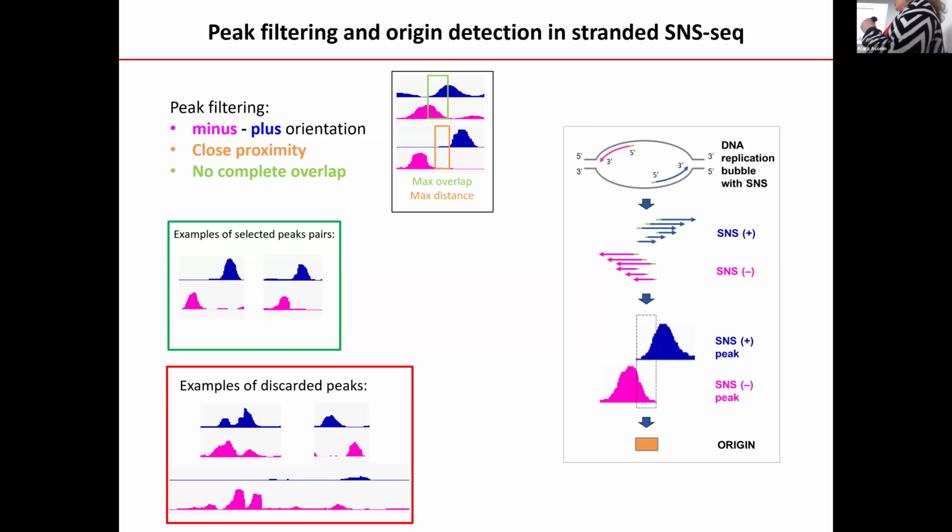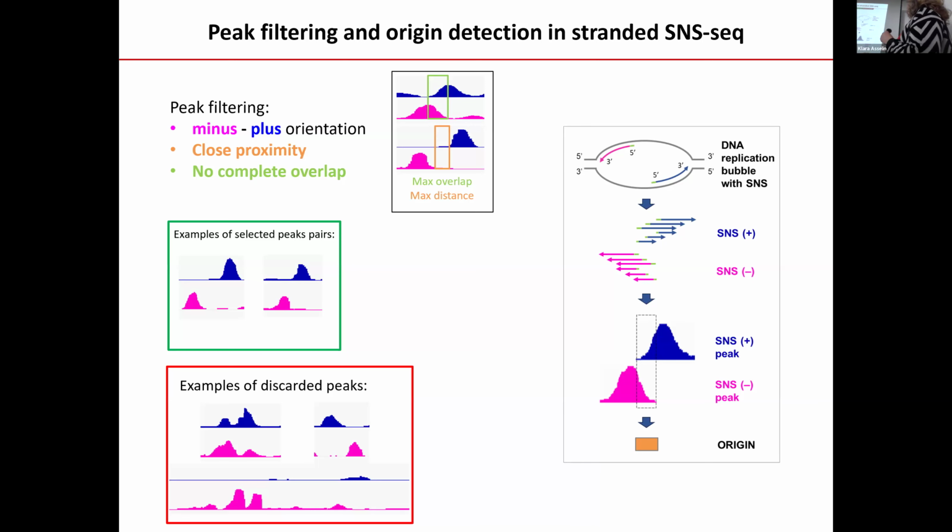We need the peaks to be in relative close proximity, so we applied a maximum distance of 0.5 kb, and we do not want the peaks to completely overlap, so we have a maximum overlap of 50% of the peaks. This would be an example of peak pairs that we retain, and here are examples of peaks that we filter out. These would be peaks that are completely overlapping, peaks that are in the wrong orientation, plus before minus, and peaks that don't have a peak pair partner.